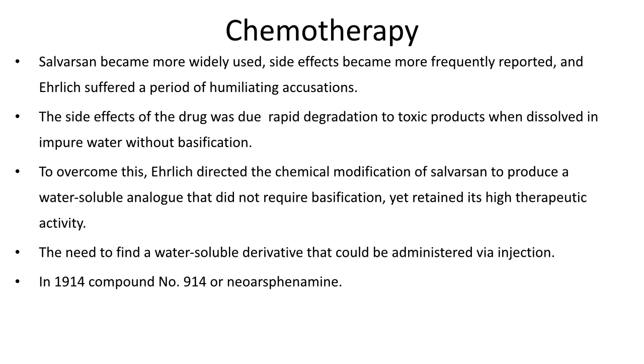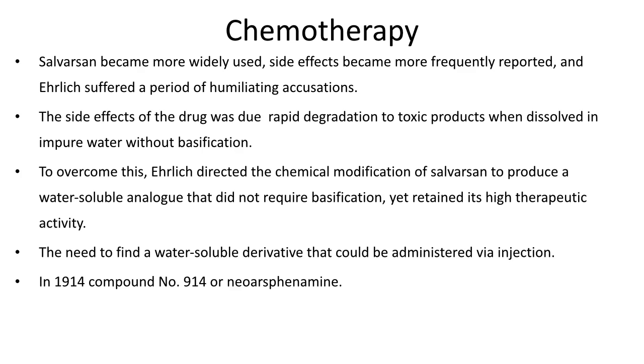So Ehrlich suffered for a small period of time, but this did not break Ehrlich. He tried to study why the side effects were seen, and he found out very soon that the side effects of the drug were due to the rapid degradation of the drug to toxic products when it was dissolved in impure water without basification or without alkalization.